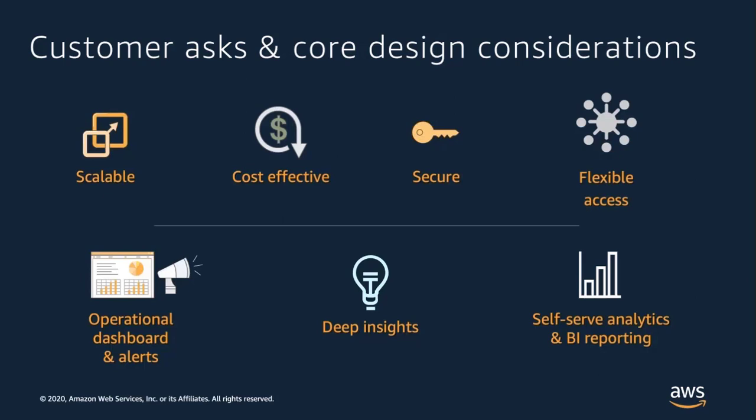Just like how security is job zero at AWS, our customers in the industrial space are extremely cautious about security, and they should be. They want to enforce encryption at rest and in transit for all of their data from field to cloud using either AWS managed or their own encryption keys.